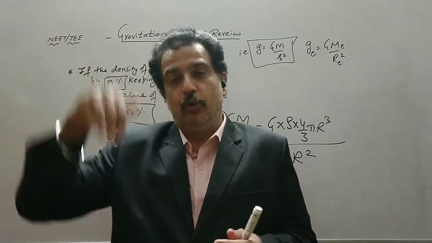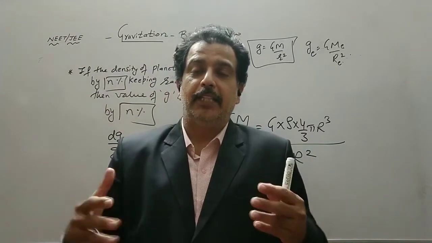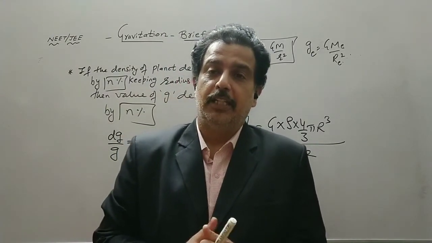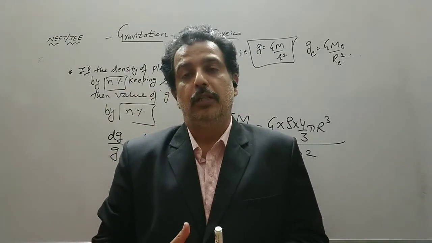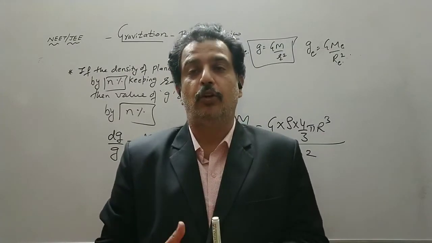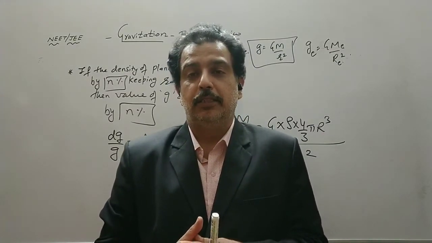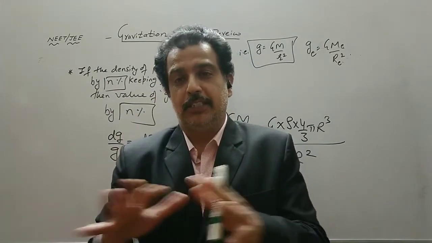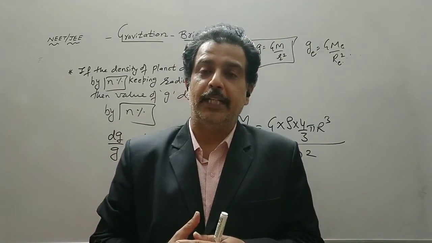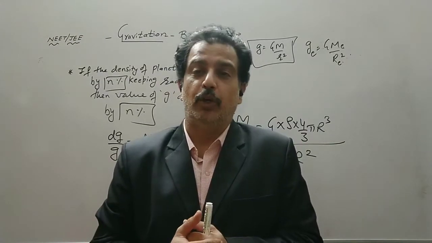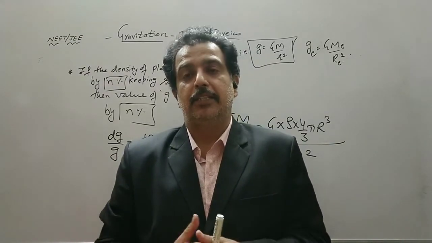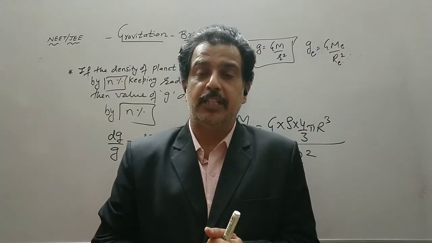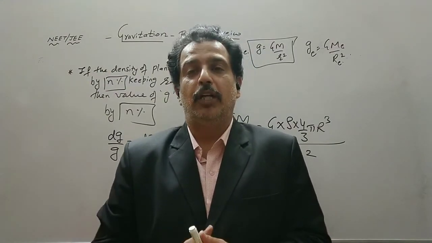Then if we go inside the earth, there will be a variation of g due to depth also, and due to the rotation of the earth also. We have the change in the value of g, which on the surface we have taken to be 9.8, but this value of g will keep on changing. So in the next lecture, we will see the variation of g and the formula related to it.